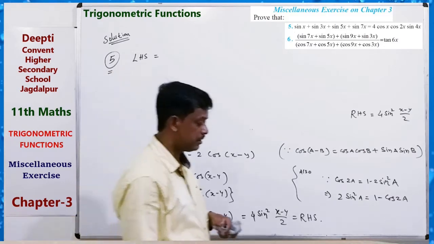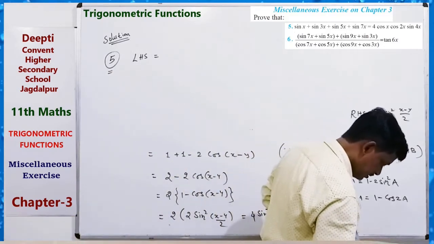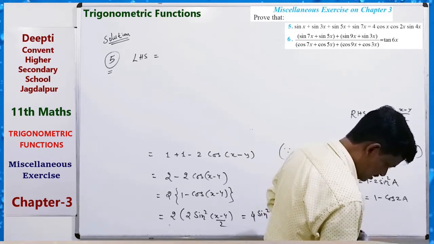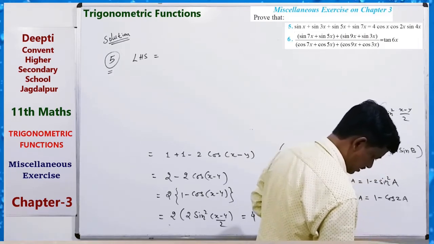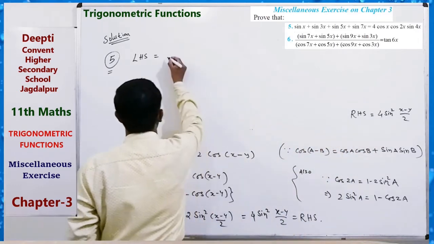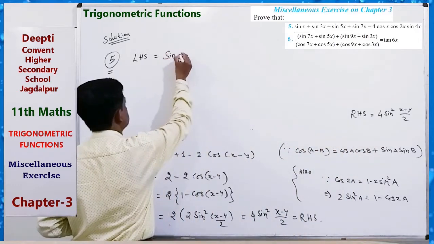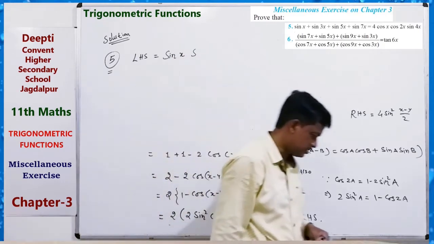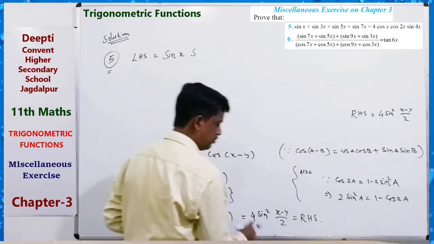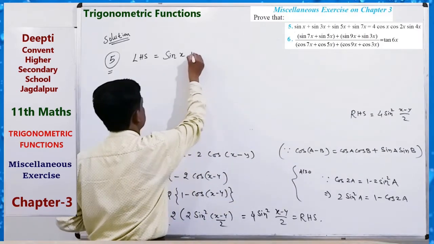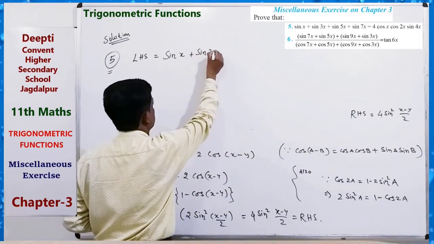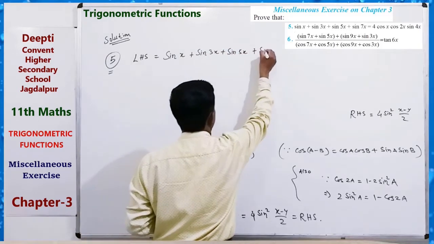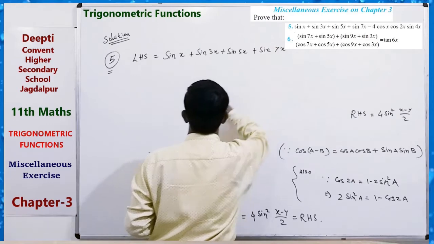Question 5 is given as sin x plus sin 3x plus sin 5x plus sin 7x.